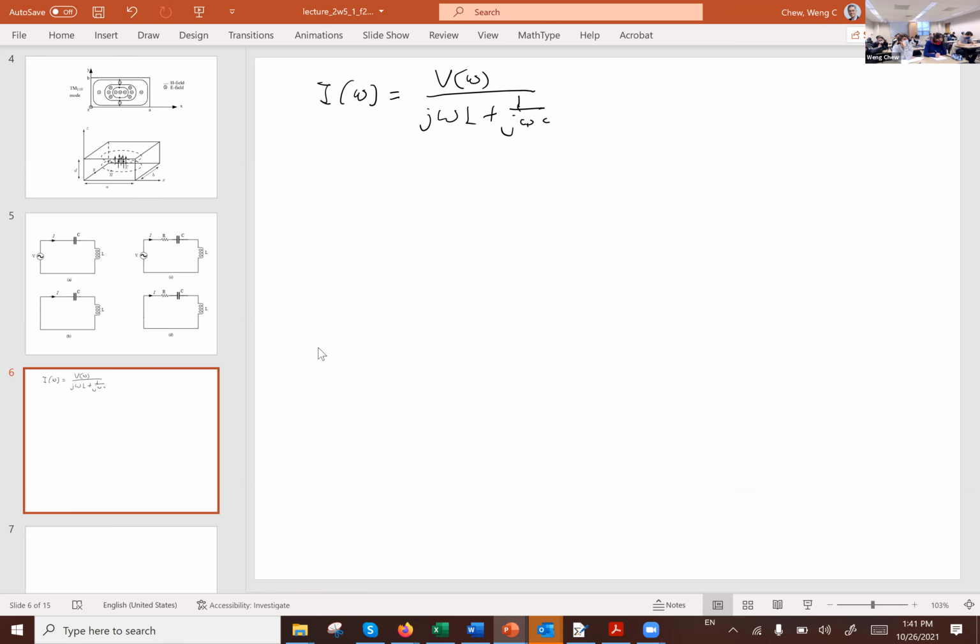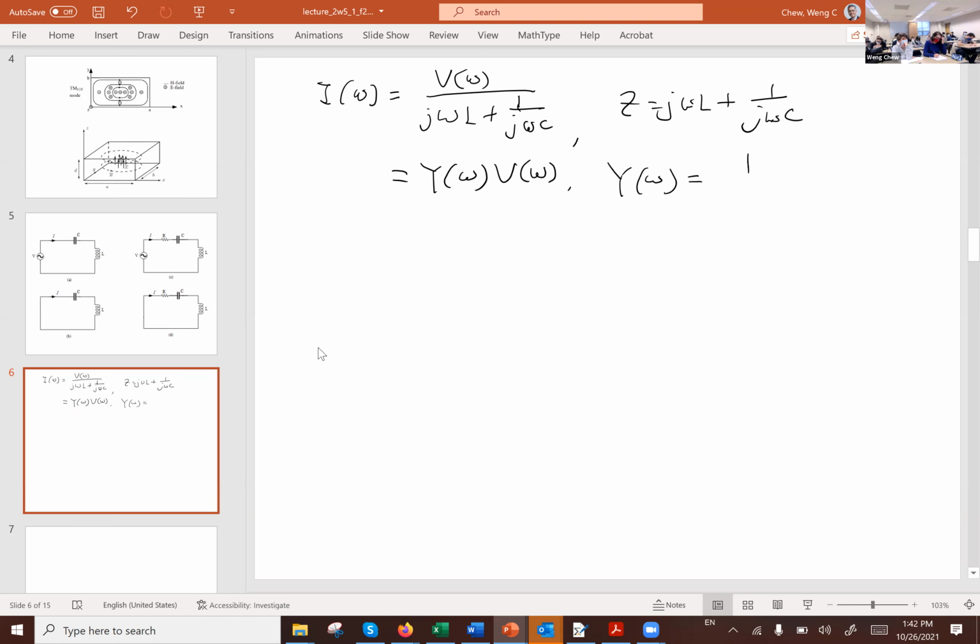We have two elements in series, so the impedance Z is j omega L plus 1 over j omega C. Okay, and you can write this like a transfer function that you used to see in electrical engineering, where this transfer function is just 1 over Z of omega.